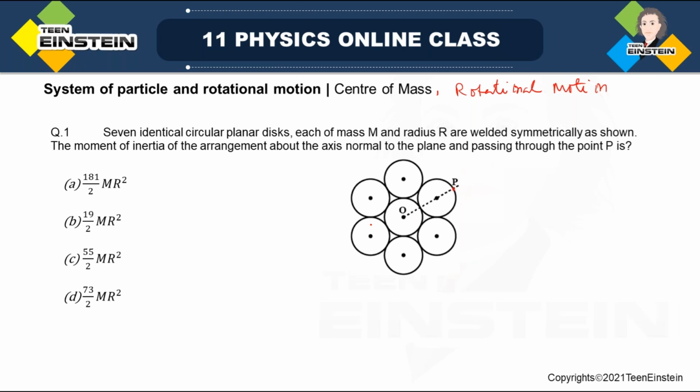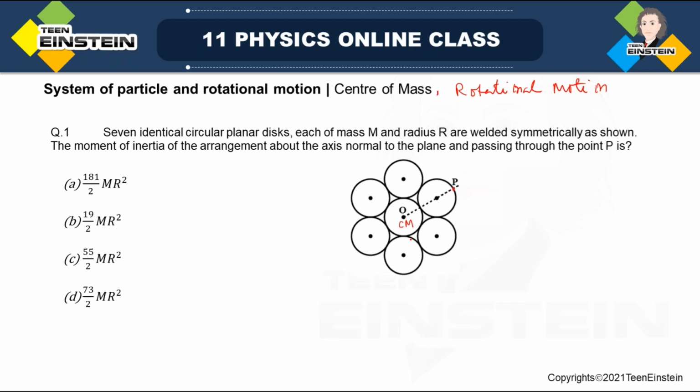As I was discussing in the previous class, this problem can be solved by using the parallel axis theorem. First of all, look at this system. Since it is symmetrically situated around this point O, this point O can be treated as the center of mass for this system.